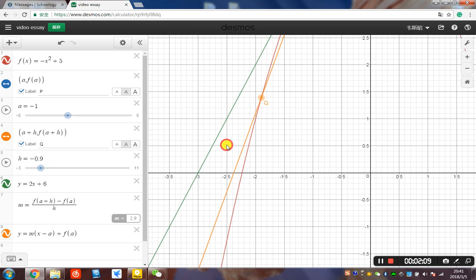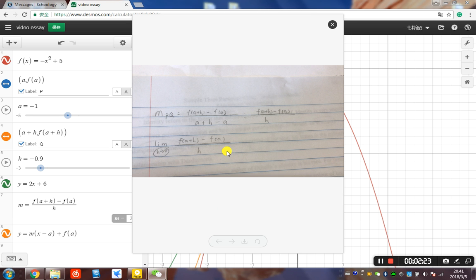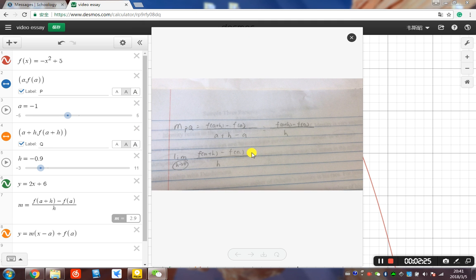So when the h value approaches 0, the secant slope approaches the tangent slope. That's how we get the slope of the tangent. So this is how we get the general formula.